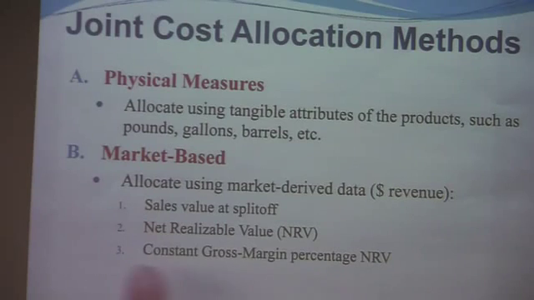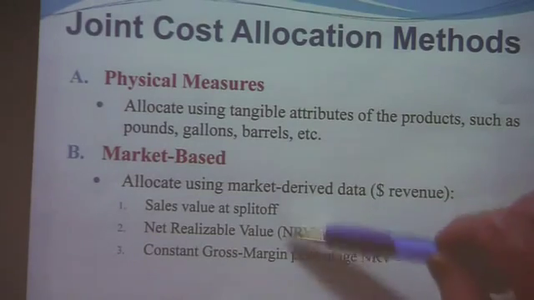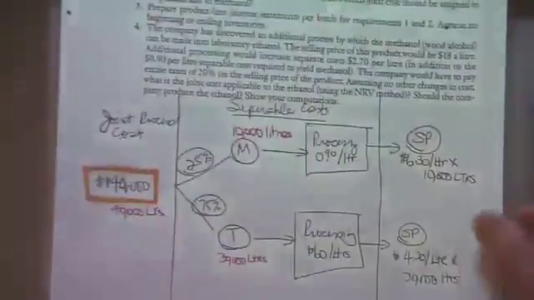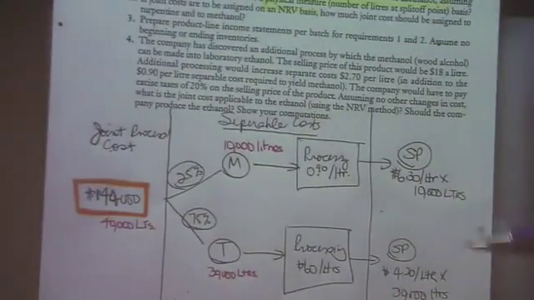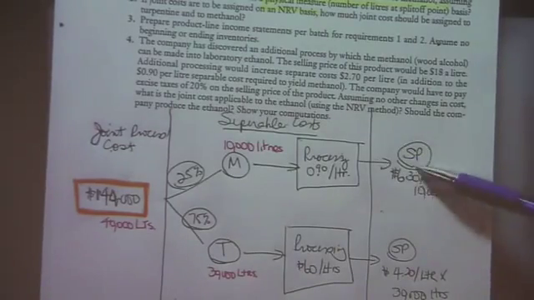Now, we're going to take a look at these 3, but actually in this question, these 2 are the same. Why is it the same? Because if you look at the chart that we just did, the sales value at the split-off point is essentially this value.